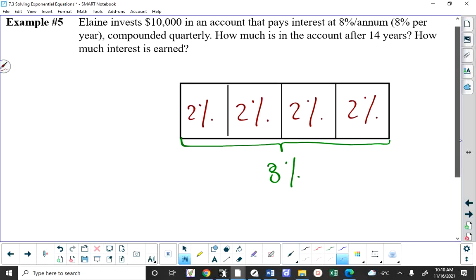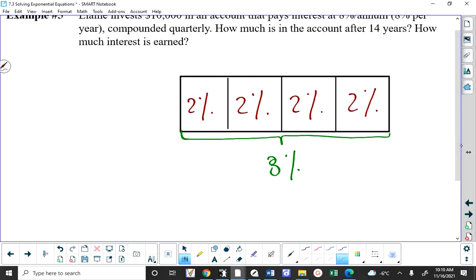Which means when we start looking at the parameters, A is still $10,000, but B is not 1.08, it's 1.02. Because every time she gets interest, she gets 2%.